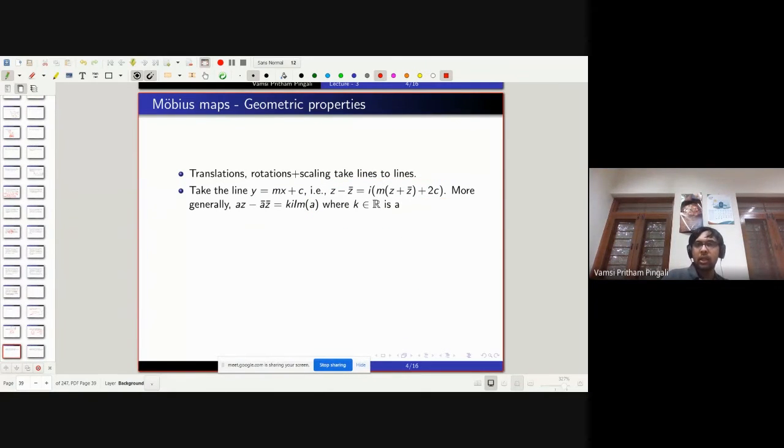So as I said, actually, this is not the most general equation of a straight line. The general equation of a straight line is ax plus by plus c equals 0, because this does not take into account x equals c. But anyway, let me just erase this. It's not at all hard to see that the most general complex equation of a straight line is this.